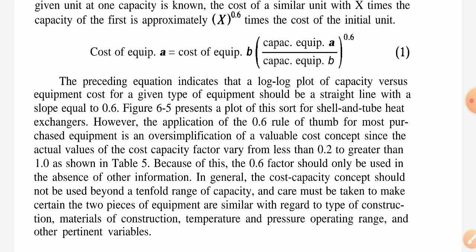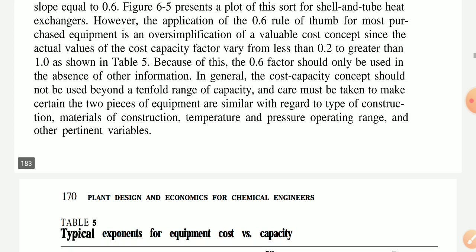In general, the cost capacity concept should not be used beyond a tenfold range of capacity, and care must be taken to make certain the two pieces of equipment are similar with regard to the type of construction, material of construction, temperature and pressure, operating range, and other pertinent variables. Simply a discussion part is there for the main equation above.